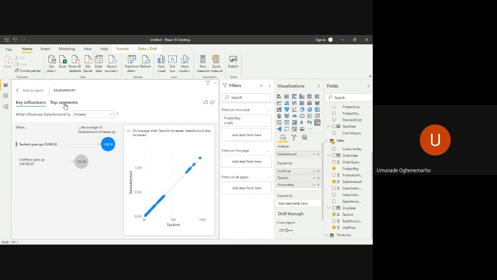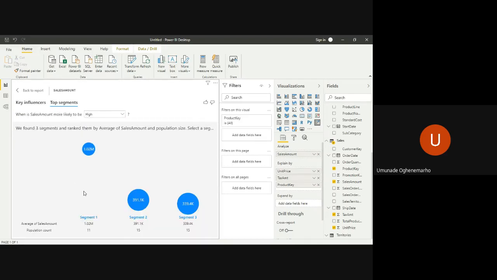We can also look at top segments. By top segments, we mean which products are doing best in the market. So we have a product number, I don't know which this is. So we have segment 1: average of sales amount, population count. Oh, sorry. Here we're talking about data segmentation, the top 11 products from 11. It's broken down by the number of rows or products, and has been segmented.